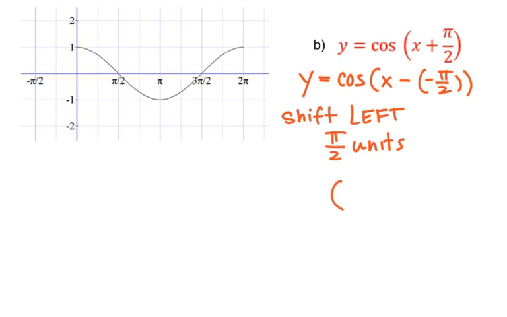That means each of my xy ordered pairs, I'm going to subtract pi over 2 from each of those x's. So if I list my 5 key points on my cosine graph, I've got 0, 1, pi over 2, 0, pi, negative 1. I'm going to erase that. I'll write it here in a second.